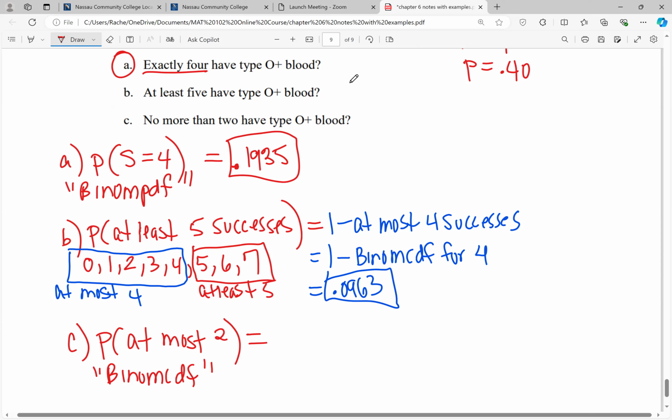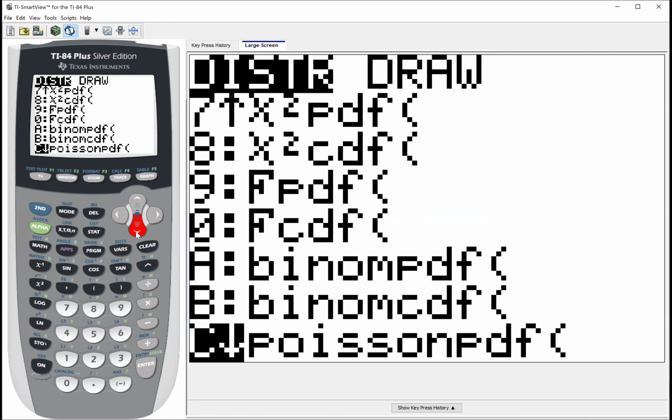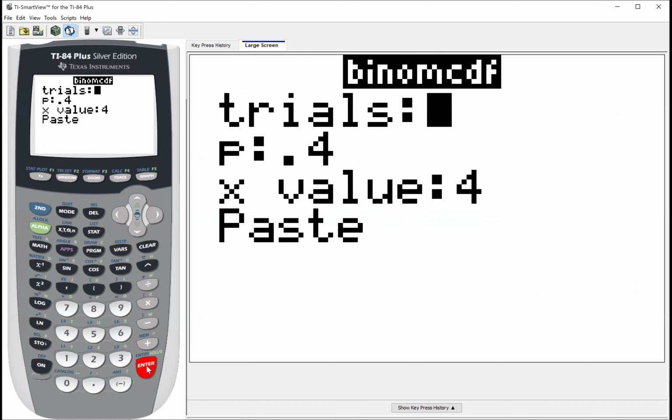So back to the calculator, second the VARs key, and we're going to pull up binom CDF. The number of trials is 7. The probability of O positive is still 0.4, but now we want at most 2.